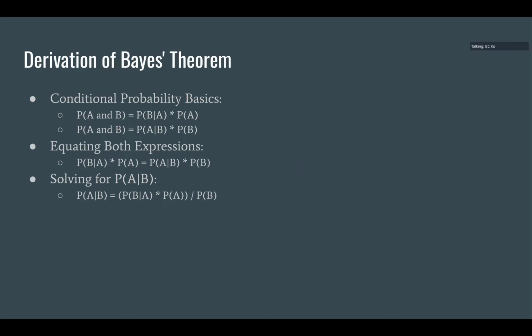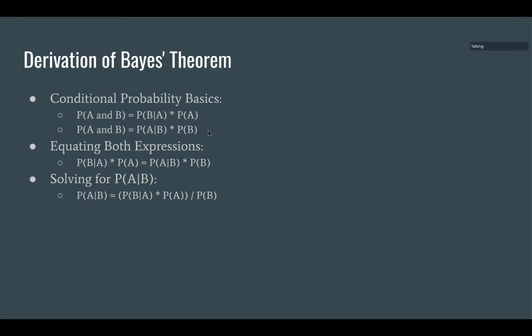So first, we know from conditional probability that probability of A and B is equal to probability of B given A times probability of A. And this represents the probability of both events A and B occurring, which can be calculated by multiplying the probability of B occurring given A by the probability of A. And similarly, we can express probability of A and B as probability of A given B times probability of B.